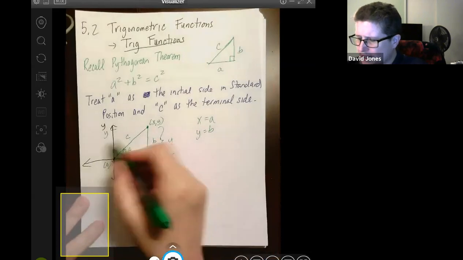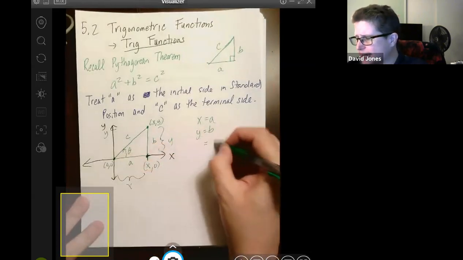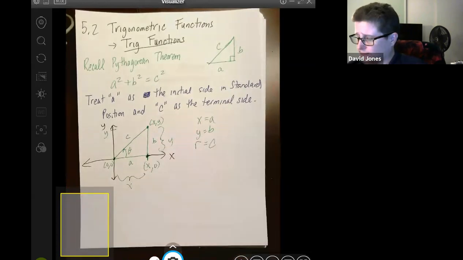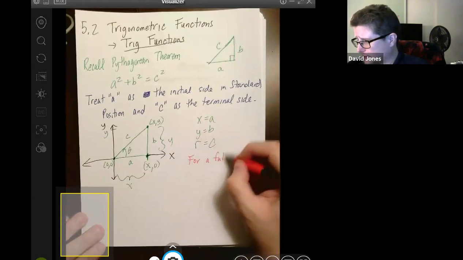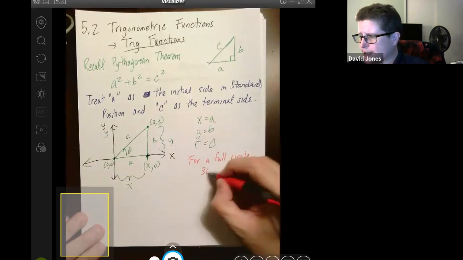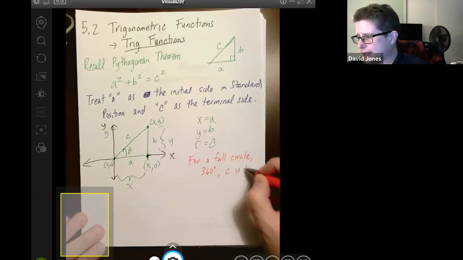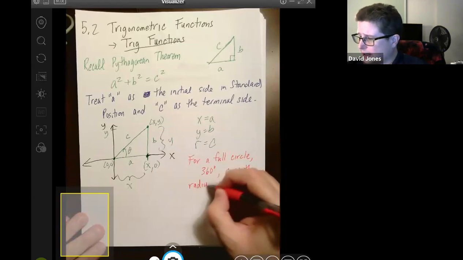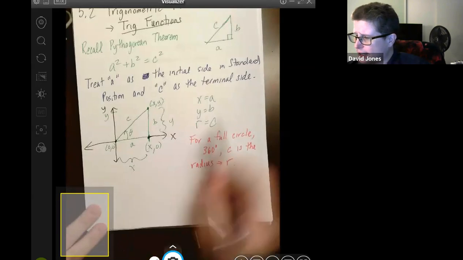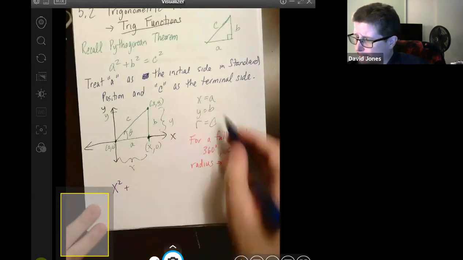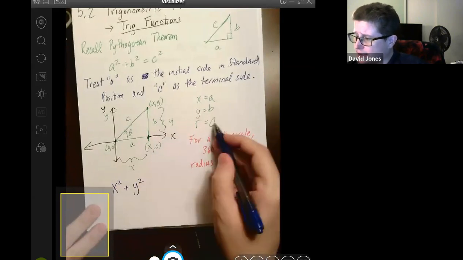And since we're rotating this and this can rotate in a full circle, for C, we use R. And the reason why we do it, for a full circle, 360 degrees, C is the radius, and thus R. So our formula, Pythagorean's formula, turns into a squared is x squared, b squared is y squared, c squared is r squared.